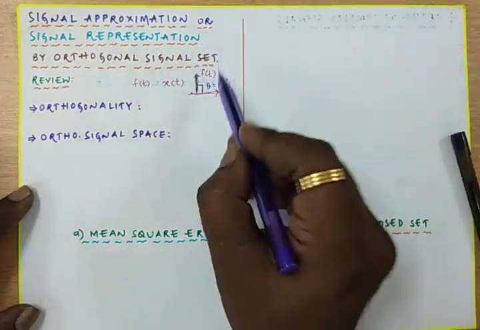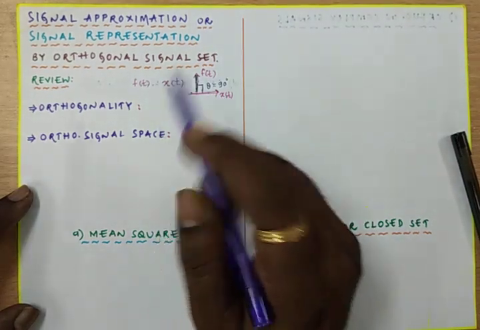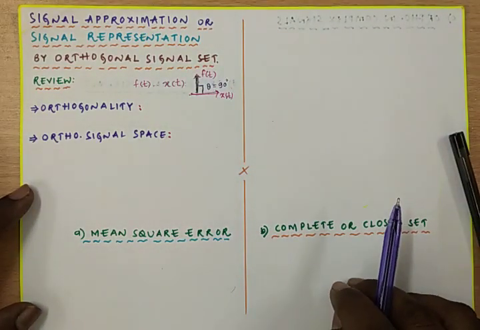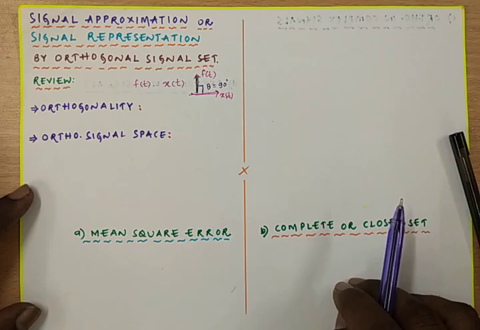In general terms we can say that f of t will not have interference on x of t, and x of t will not project any interference along f of t.